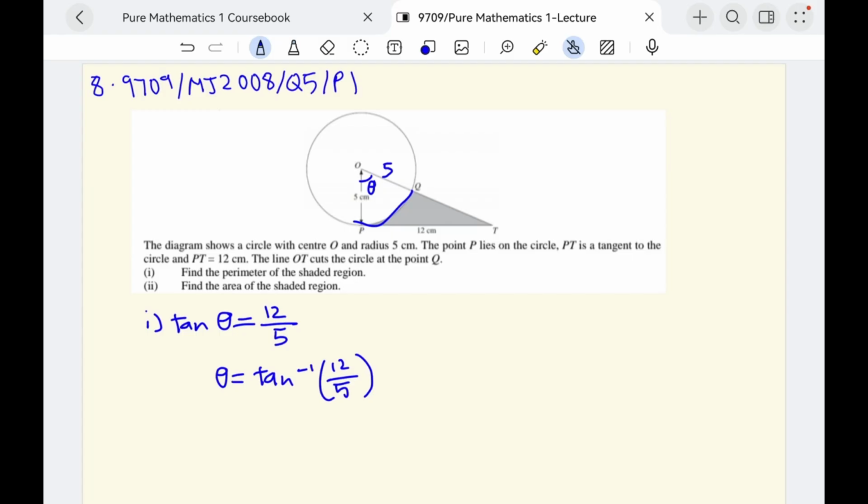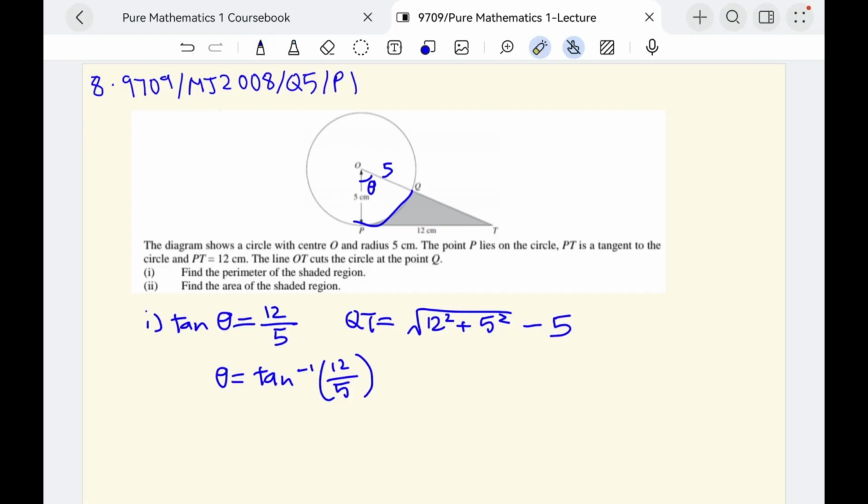And how to get the QT? You must find the hypotenuse and then subtract by 5 to get the length of QT, right? So you have the square root of 12 squared plus 5 squared. This is the length of the hypotenuse, and with the minus of 5.